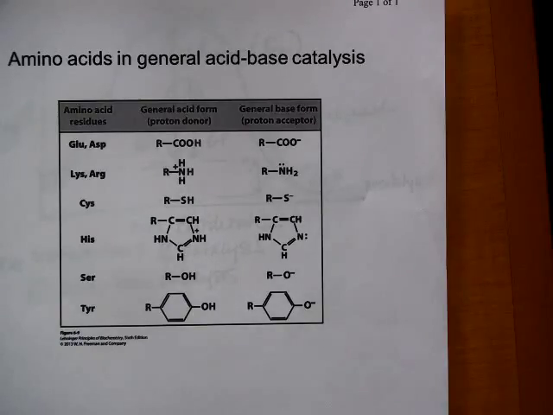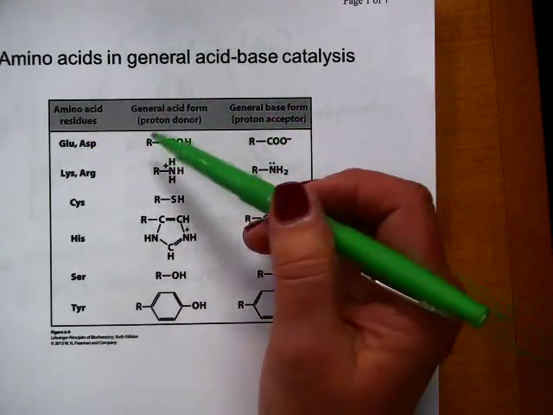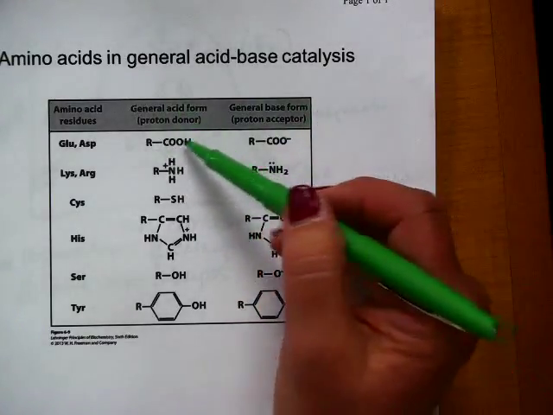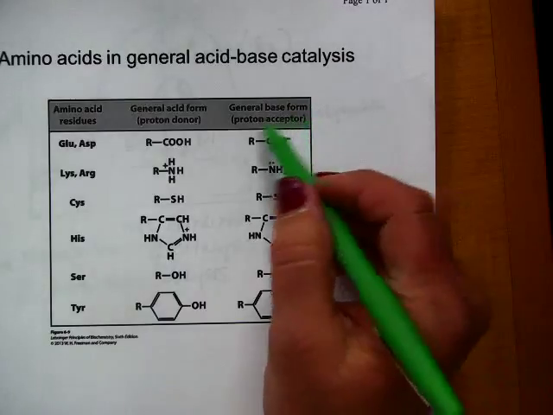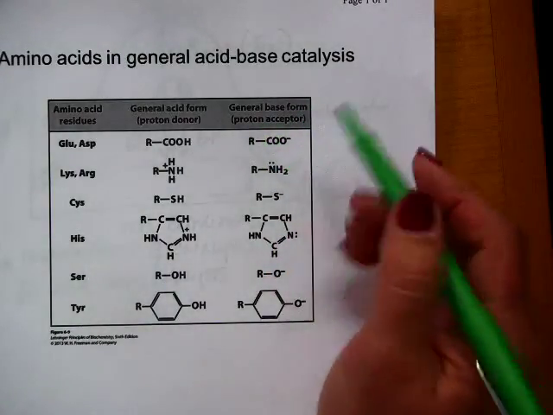In general, acids are proton donors, bases are proton acceptors, and so we would expect to see glutamate and aspartic acid, or aspartate, acting as proton donors. They're acids. Their base form is the deprotonated, which can accept a proton.